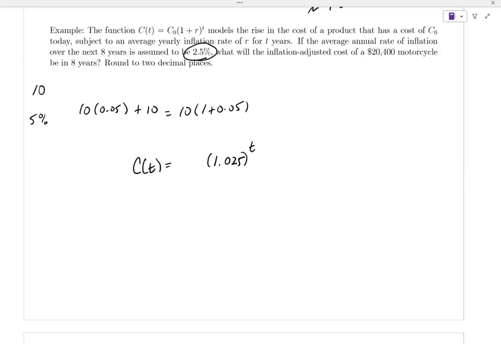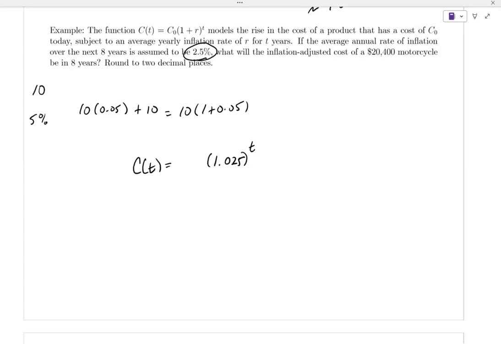The C naught, again, just like in the previous examples, represents an initial amount. In this case, it's an initial cost. We're trying to figure out how much a $20,400 motorcycle will cost in 8 years. What are we going to use for the initial cost? $20,400.